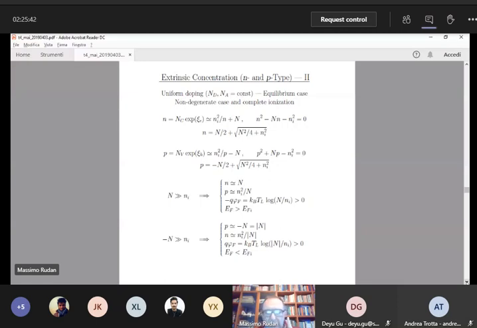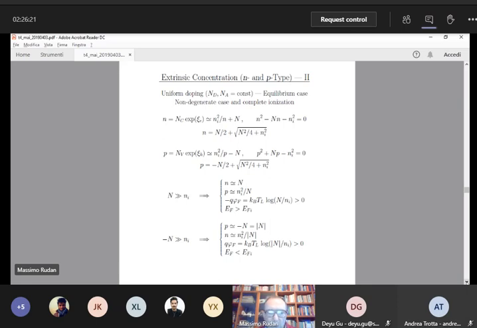In these cases, it is not obvious that the square root can be further simplified, okay? Because it may happen that the doping concentrations are not so different, so capital N is small, okay? But if capital N is large, much larger than ni, we can further simplify the expressions by simplifying the square root.